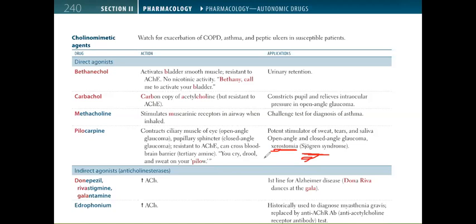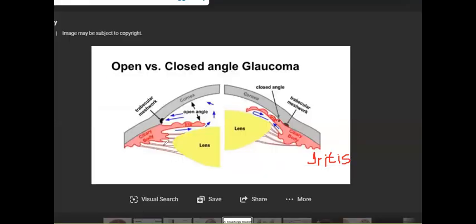Also, if you have good knowledge of ophthalmology, clinically you might have heard the word iritis. That means inflammation of the iris. I've shown you the iris in the diagram, this is the iris.